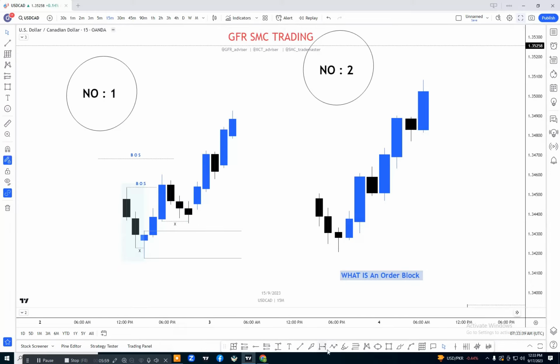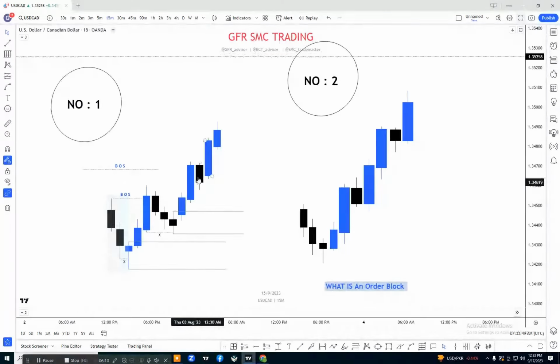Like this candle will be considered as our next bullish order block, because this candle has imbalance also. If we switch at this candle, the last selling candle before the up move will be considered as our order block, like that.